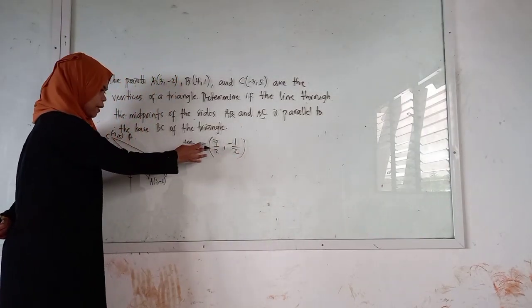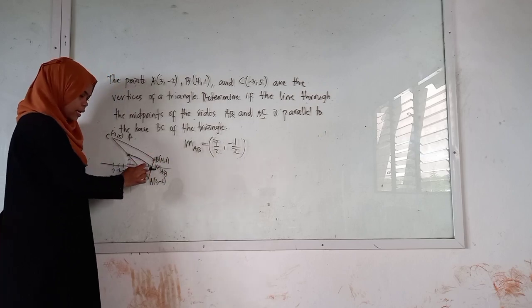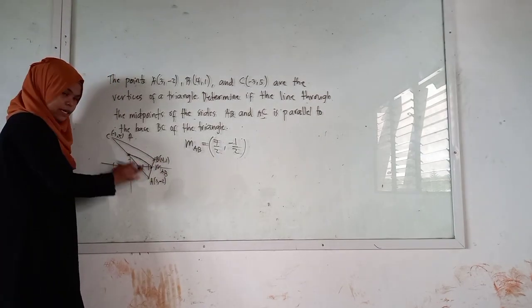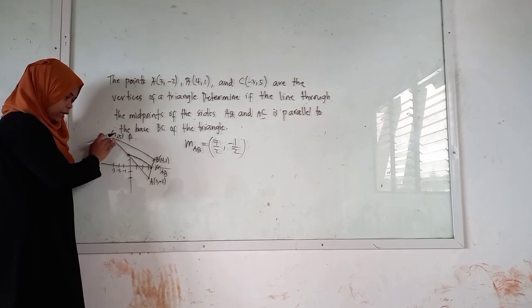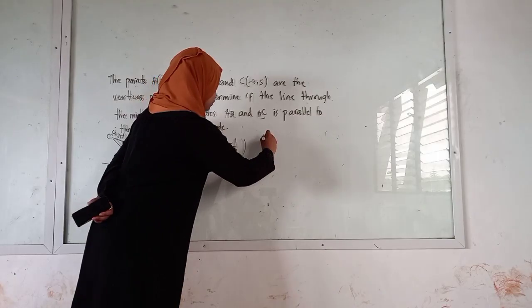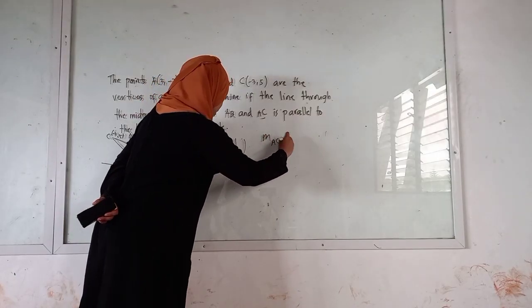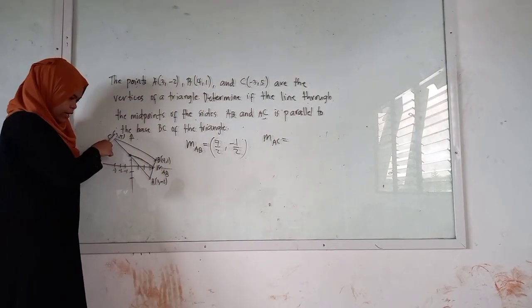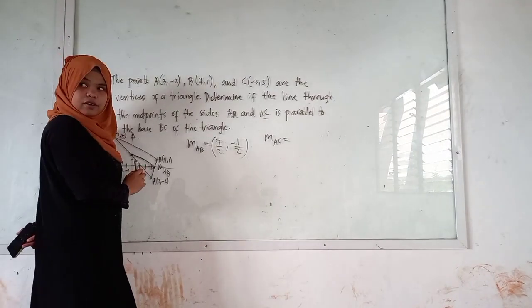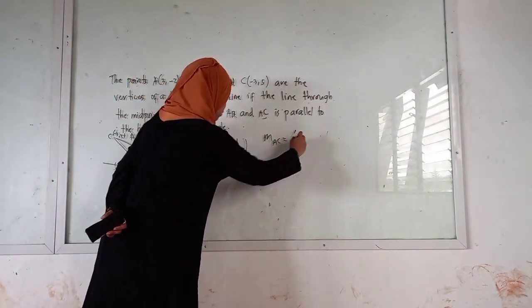So, this is the midpoint of the side AB. How about the midpoint of the side AC? So, ito na naman yung gagamitan ko na midpoint formula. So, midpoint AC. So, negative 3 plus 3, that is 0, no? Over 2, that is still 0.